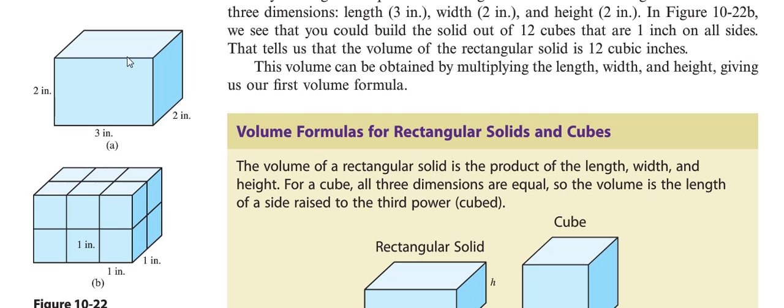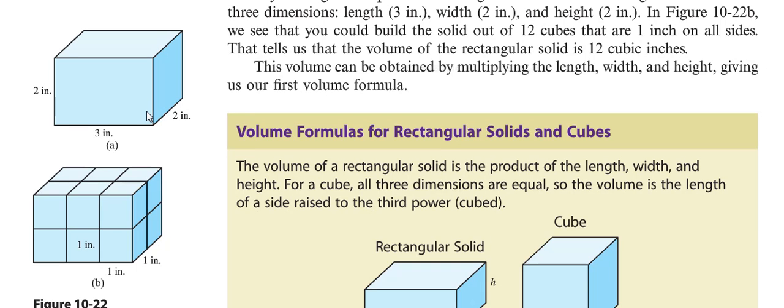When we're looking for the volume of a solid, we're trying to figure out how many unit cubes would fit inside that solid. So here we have what we call a rectangular solid. This is a three-dimensional figure that's shaped like a box.